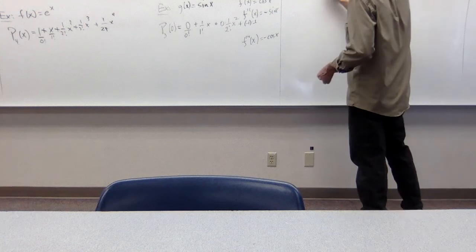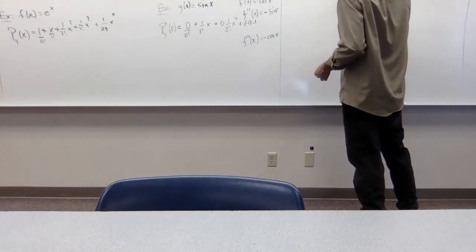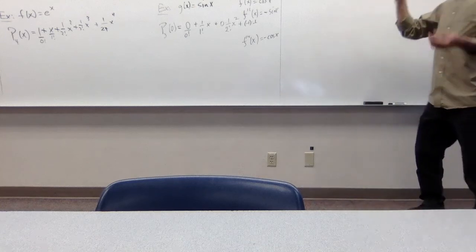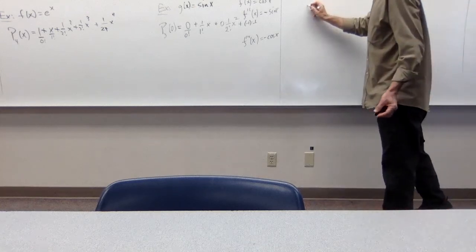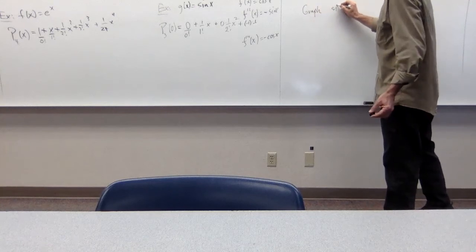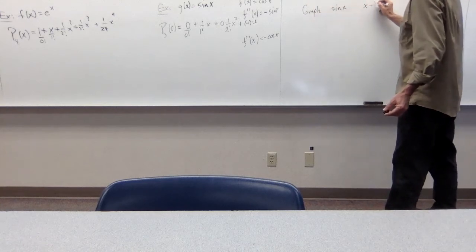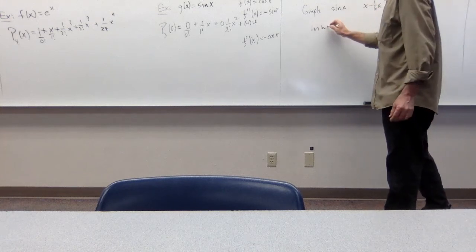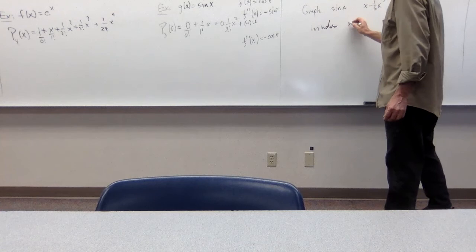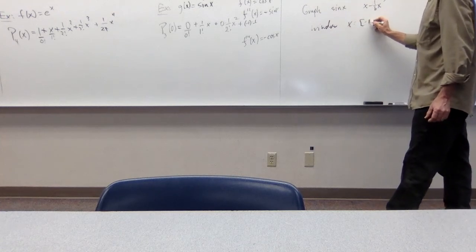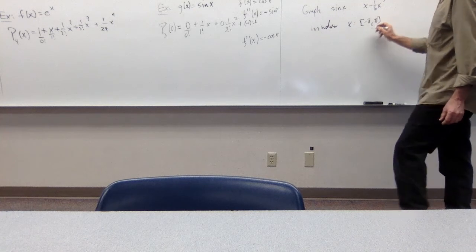And now if we clean that up, we get x minus 1/6 x cubed. Now, graph these functions. Sine and the polynomial x minus 1/6 x cubed. And your window, let's do a full period, minus pi to pi, 3.14.